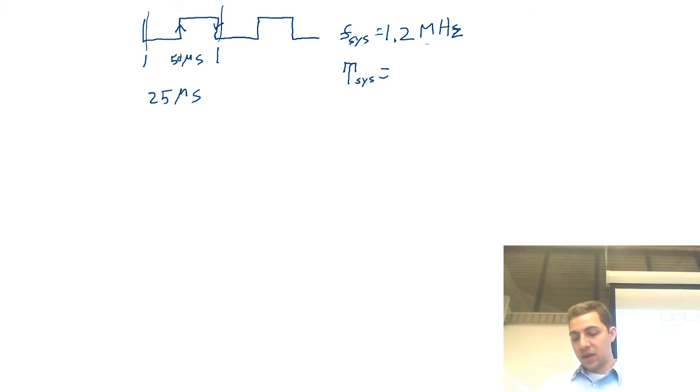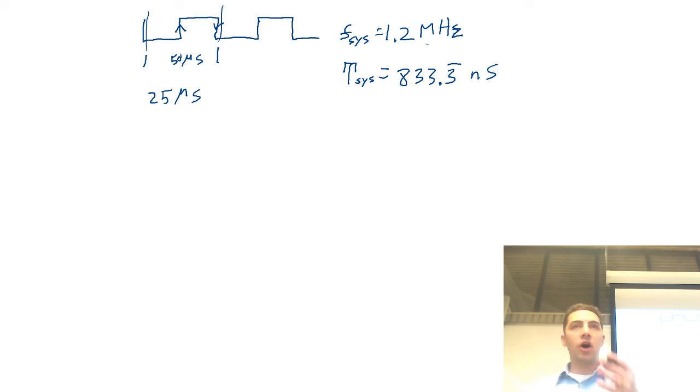That's 833.3 nanoseconds. In this case, it's going to be tough to draw this forward all the way because this is an irrational number. So if we just grab this, it's not going to work so well.